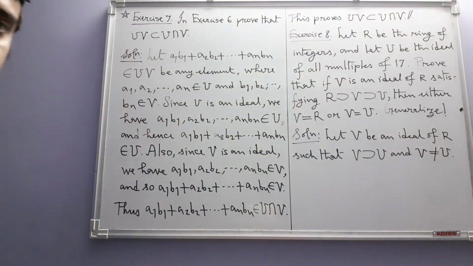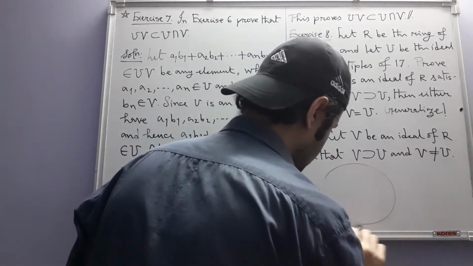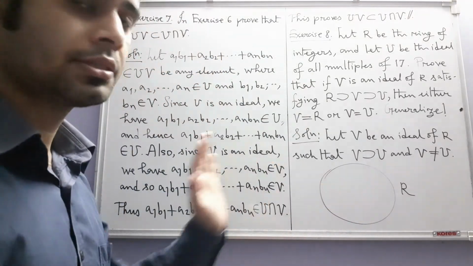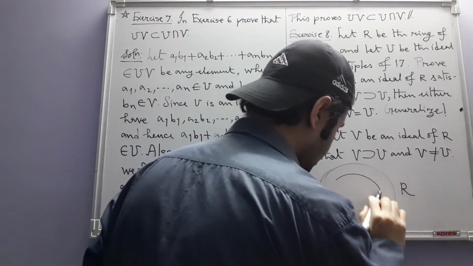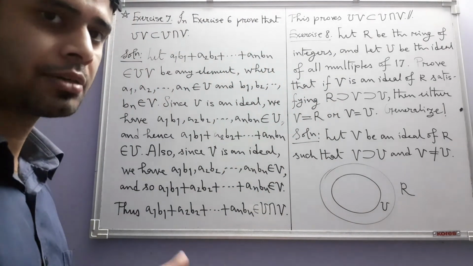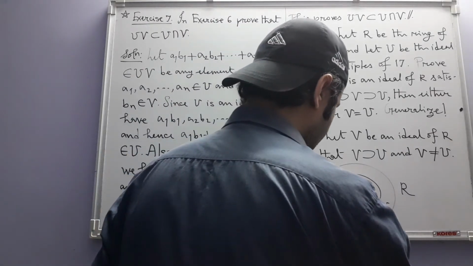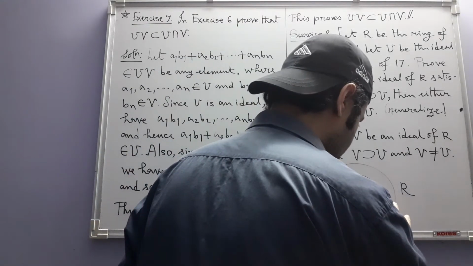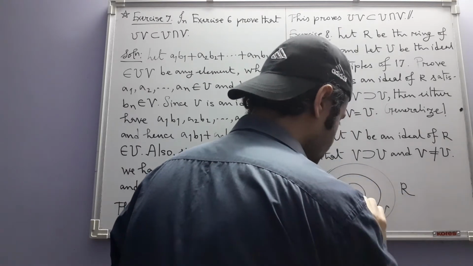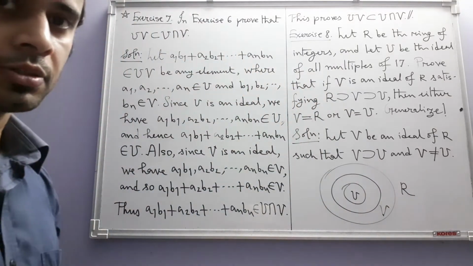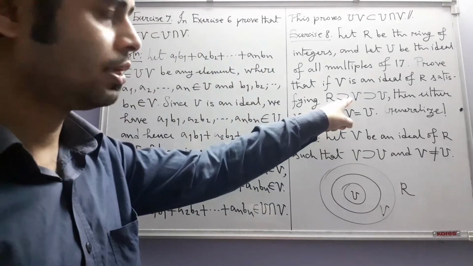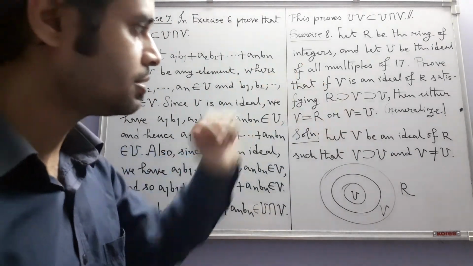That means the situation is now this. If I draw a quick Venn diagram of the situation, the ring is this set. Now in it I have U, the ideal of all multiples of 17, and I have drawn the U unnecessarily big. Let this be V and let this be U. Okay, so this is the situation, and additionally this is already given to us as the condition of this exercise.